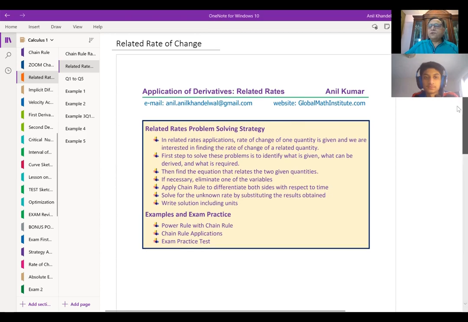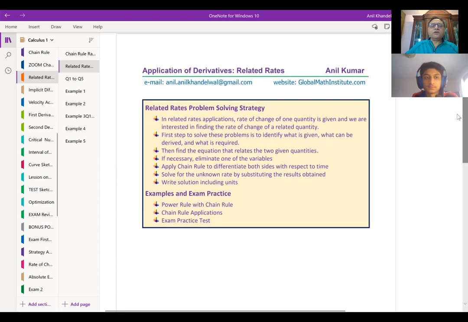Okay, so here are a few key points which we are going to look into. Can you please read the screen? Related rates problem solving strategy. In related rates applications, the rate of change of one quantity is given, and we are interested in finding the rate of change of a related quantity. First step to solve these problems is to identify what is given, what can be derived, and what is required.